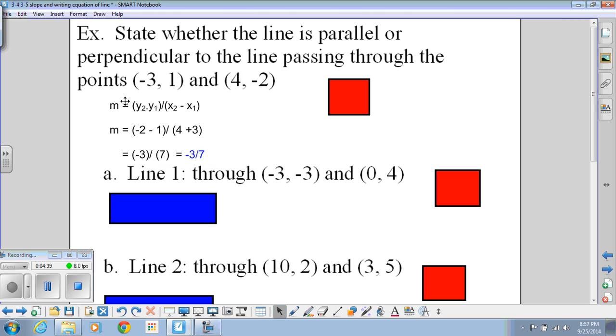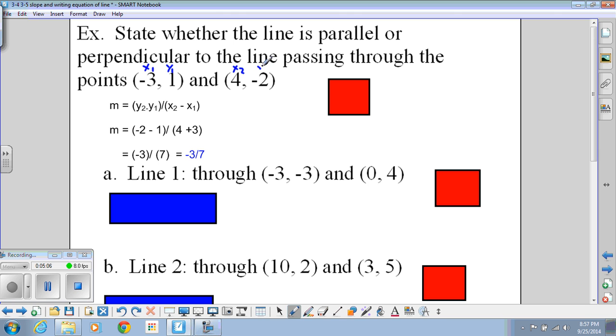So the slope formula is when we take y2 minus y1 and divide it by x2 minus x1. And when I say y2 and y1 and x1 and x2, what I'm talking about are these coordinates. So this would be x1, this would be y1, and then this would be x2, and this would be y2.